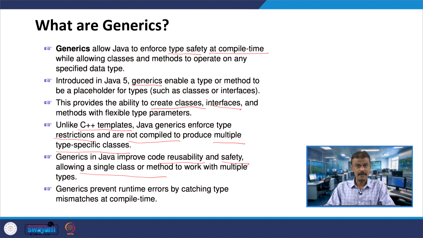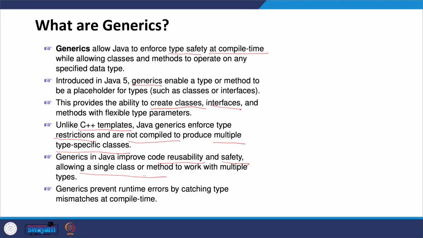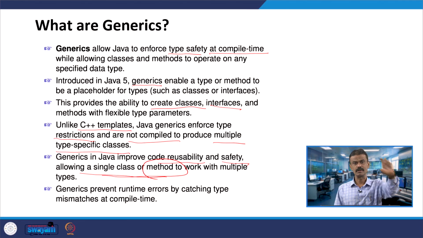The numbers may be integer, double, character or even strings; you are comparing 2 strings and we can say which one is greater. So, with generics, one method can be useful for multiple types. Exactly what we have studied in C++ as templates, here we call generics.